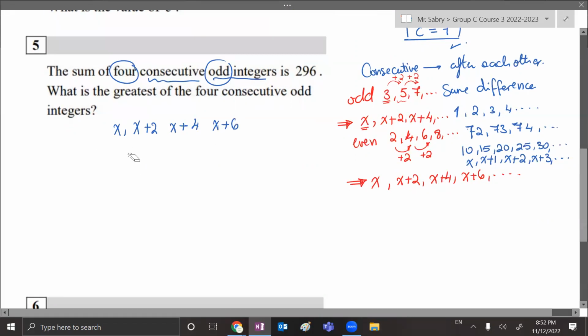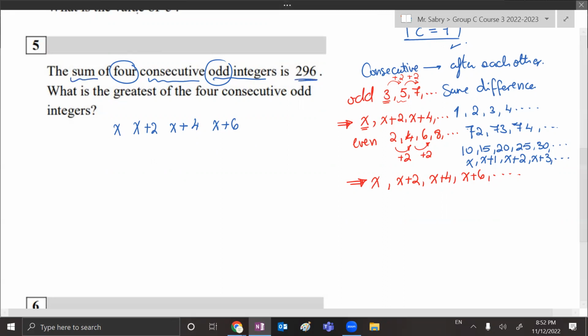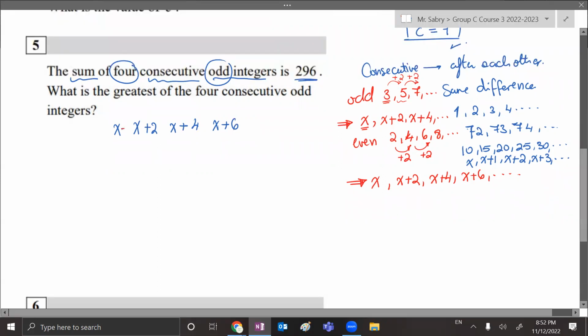So these are a total of 4 consecutive odd numbers. They say that their sum is 296. So the sum means we add, so the sum of all of those 4 numbers equals 296.